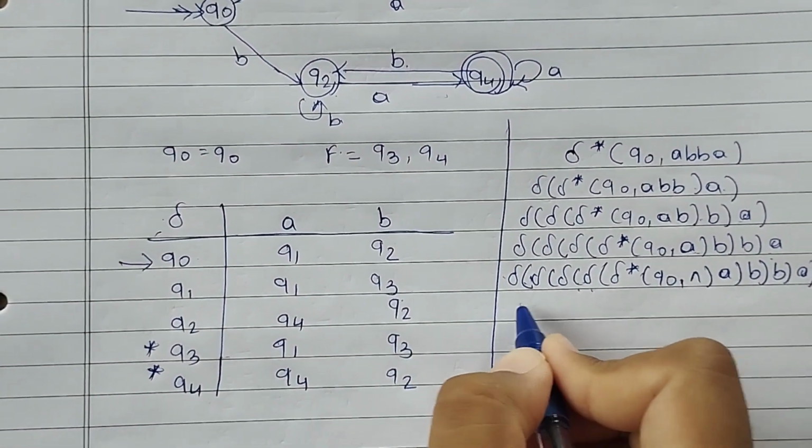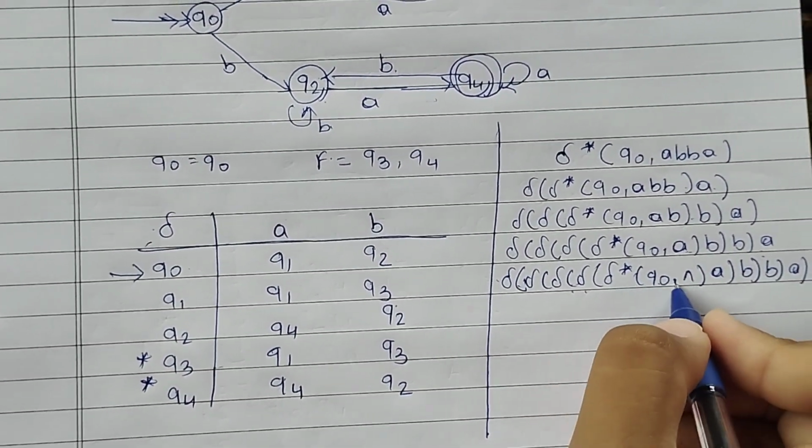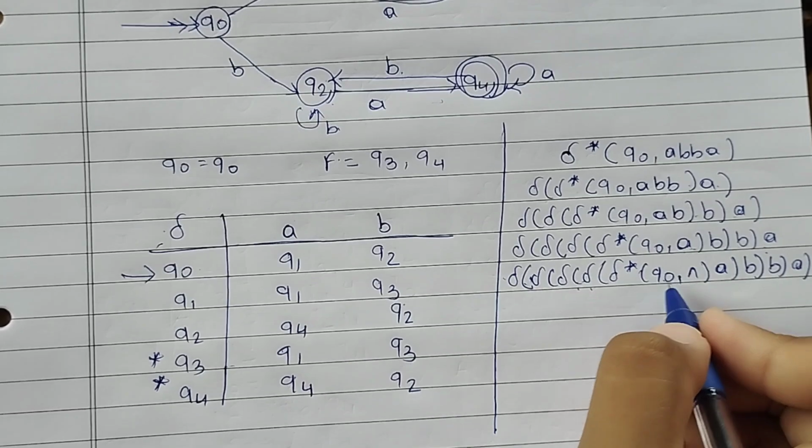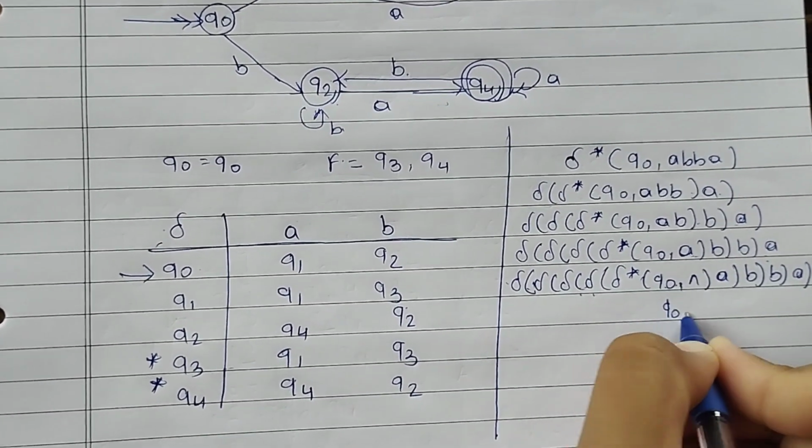Now we combine all this. So delta of Q0 with null is read by Q0 itself. So the answer of this is Q0.